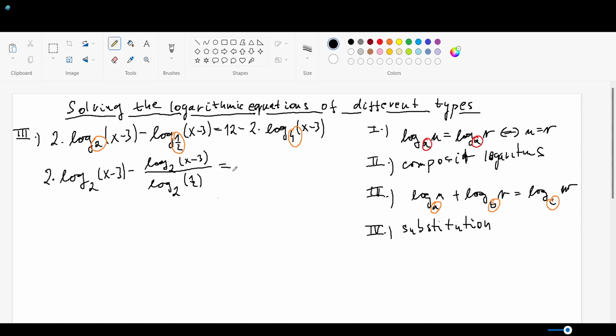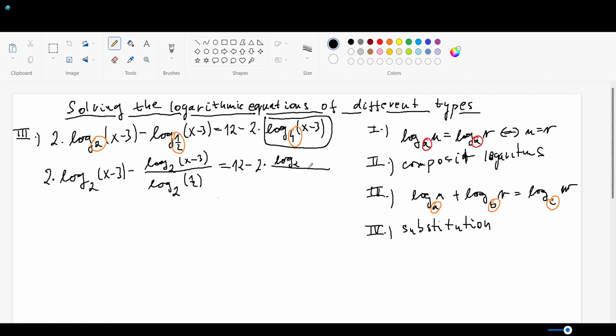Now it's a clever idea to keep 12 as the number, take away 2 times, and use the change of base rule again for this logarithm, which would mean that the numerator is log base 2, because we want to have the same base.